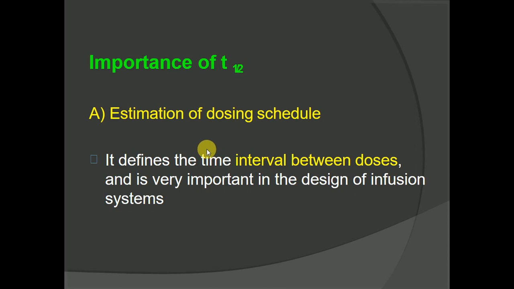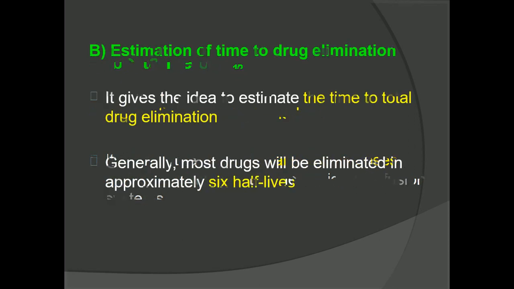If a single dose is required, you can use a single dose in 24 hours. That's why estimation of the dosing schedule is very important. It defines the time interval between doses, and it is very important in the design of infusion systems.